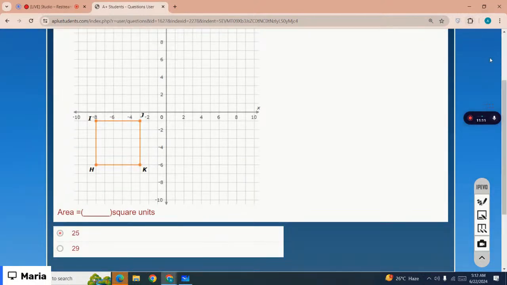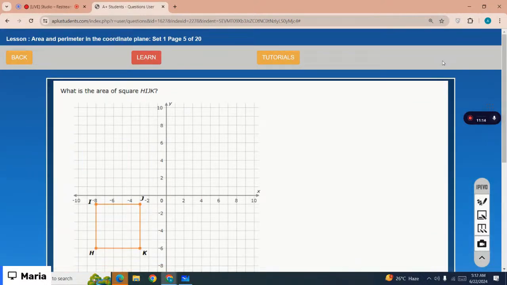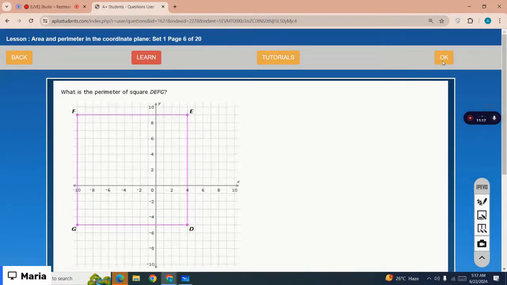The correct option is 25. What is the perimeter of the square DEFG?